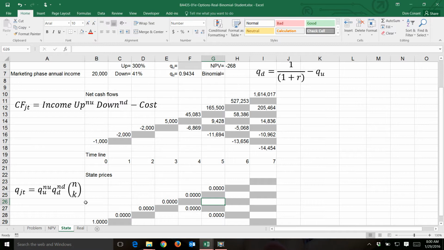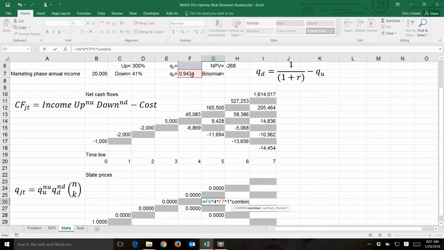So let's enter that. First of all, in order to get to this state, we would have experienced Q up 4 times, times Q down 1 time, times, now we'll enter the binomial coefficient, and the Excel function is COMBIN, and it asks for 2 values.